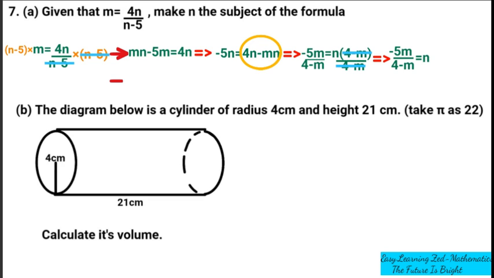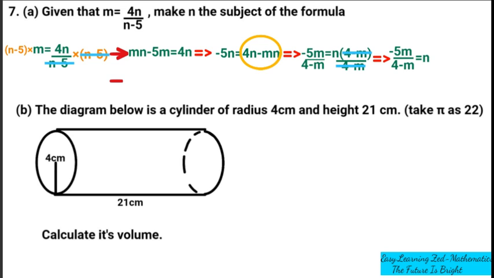You can even swap the terms: put n on the left side and negative 5m over 4 minus m on the right side. It's also the same. Even this way it's correct. n now is the subject of the formula.